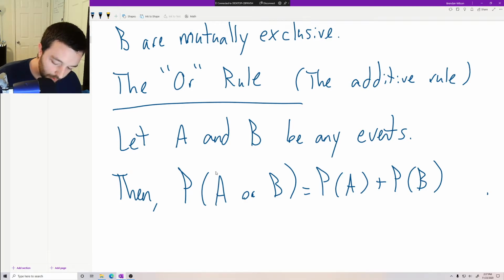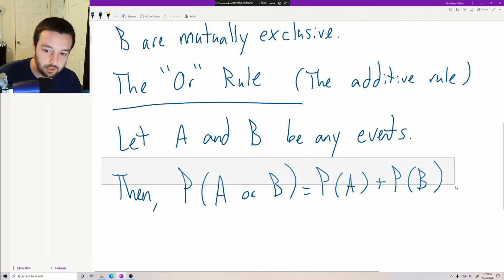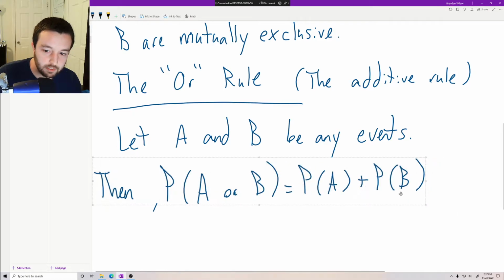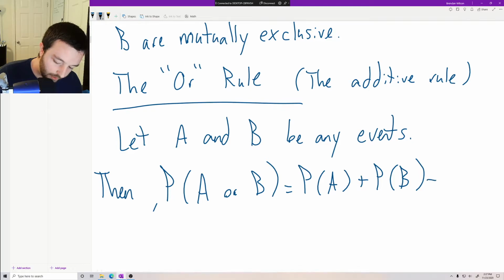But then we have to do one more thing here, which is, let me move this over to the left to make some room. We need to subtract off the probability that A and B happens.